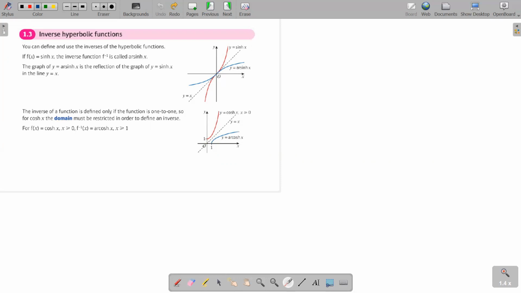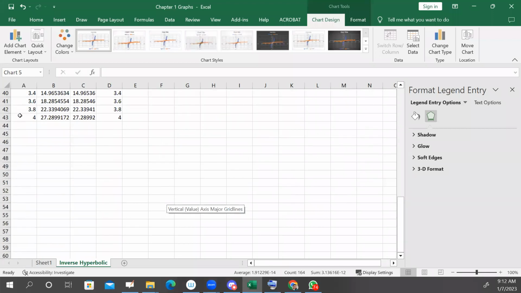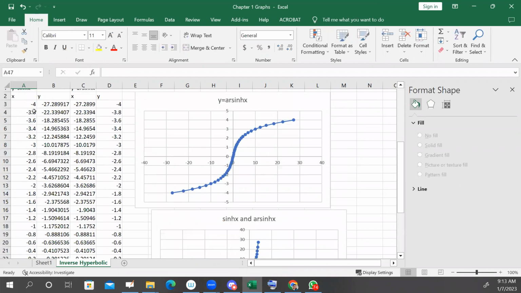So let me show you the reflection here as well. First, I'll draw y equals cosh x. We'll go through the same set of x values.